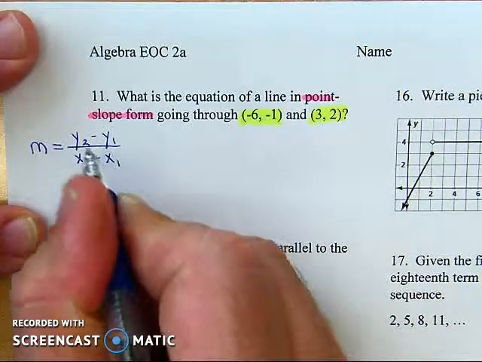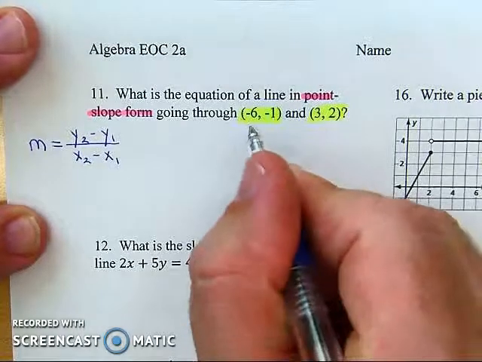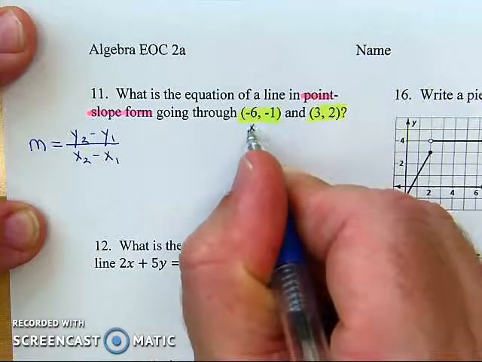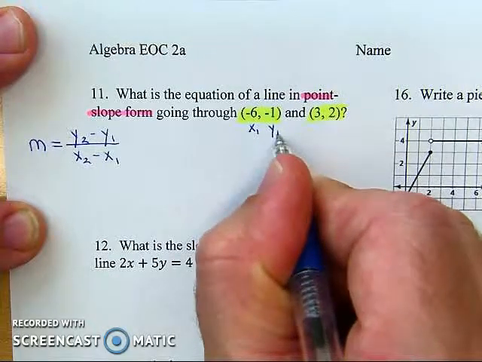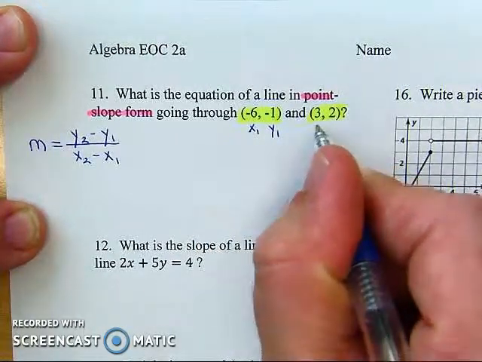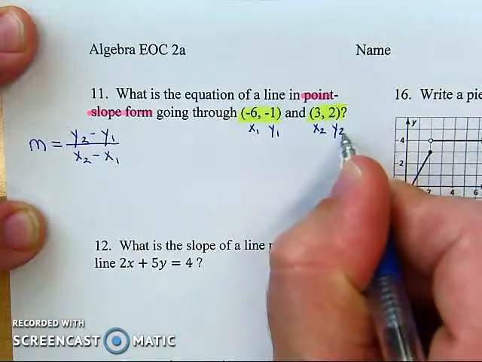Now you're seeing all these x's and y's with little 1's and 2's. Where are those coming from? Well, this -6 is my x sub 1, and the -1 that goes with it is my y sub 1. To the right, this is my x sub 2 and my y sub 2.